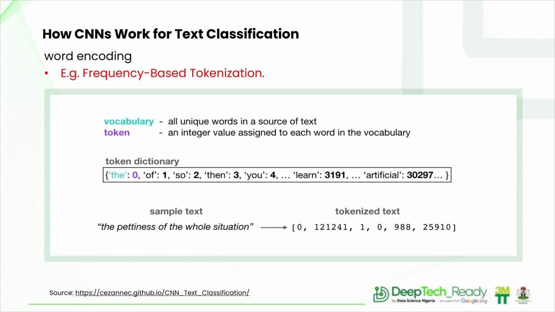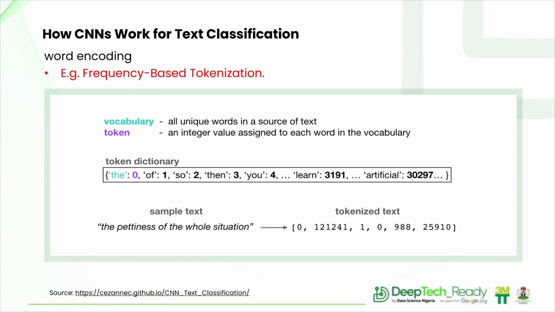And then once the vocabulary is created, the text corpus is tokenized by converting each word in a document into its corresponding token. This results in a sequence of integers that the model can process. For example, if you have a sentence like "the pettiness of the whole situation", as opposed to feeding this sample text into the machine learning algorithm or neural network, you simply feed the corresponding numerical representation.